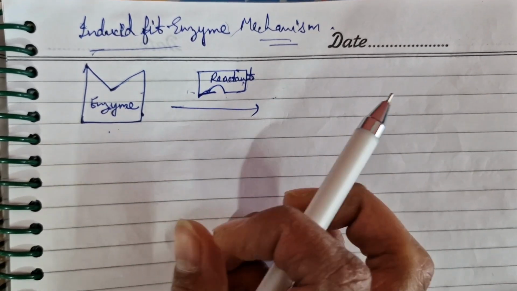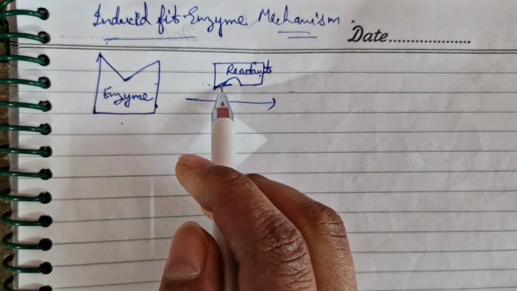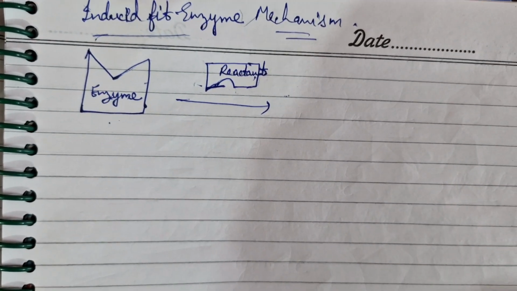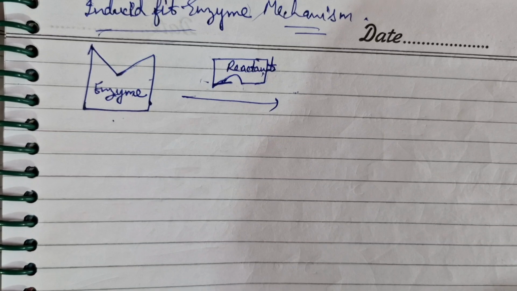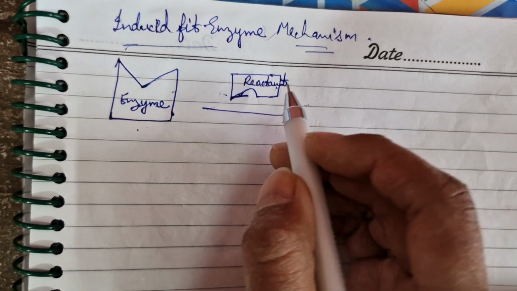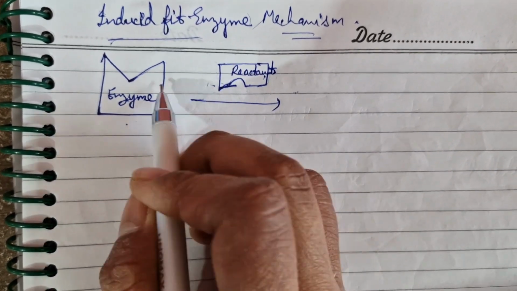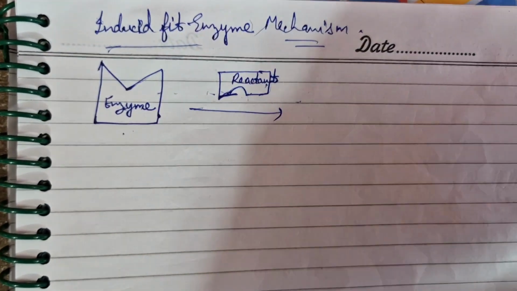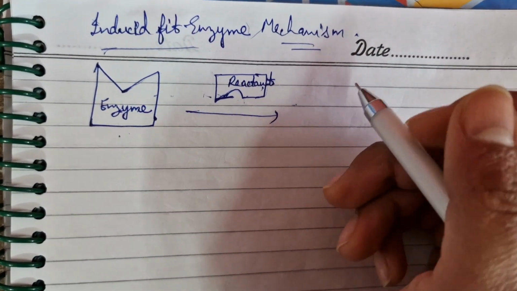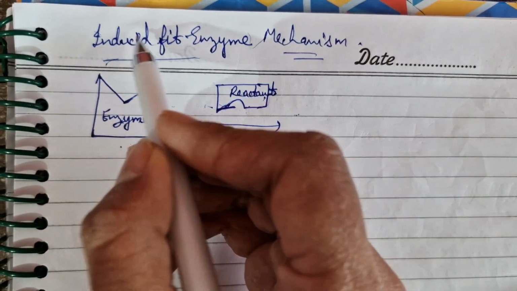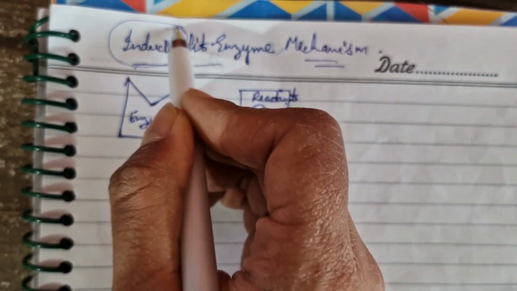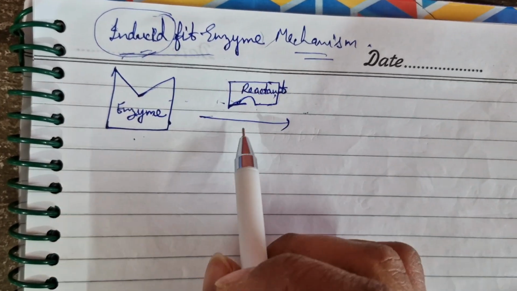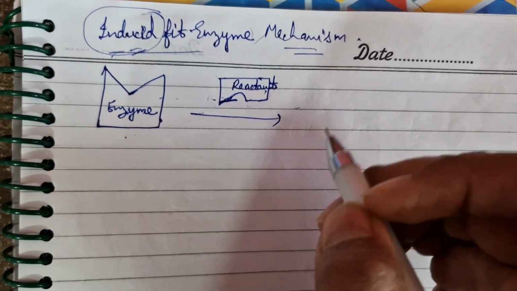But in some examples, it is observed that the product leads the formation. Hence, this means that a change in shape is followed by the formation of the product by the induction of the favorable type of shape according to the reactant.